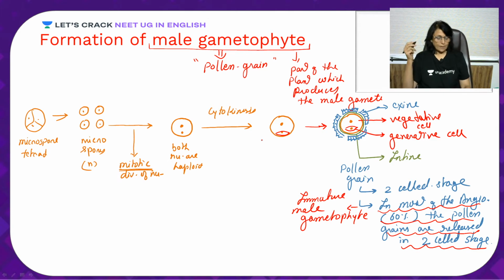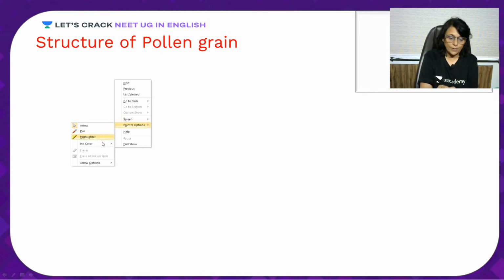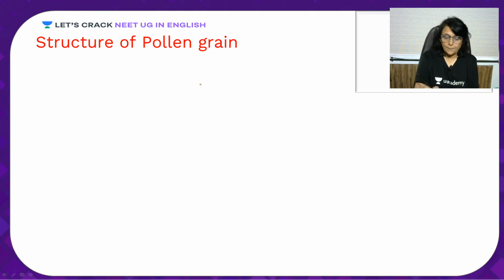Okay? Then a layer is secreted by the cytoplasm, which is called intine. Then there is one more layer which is actually deposition of sporopollenin. So this structure is now called pollen grain, but it is immature because here male gamete is still not formed. So let us now draw the detailed structure of pollen grain, and then we will come to the mature pollen grain.